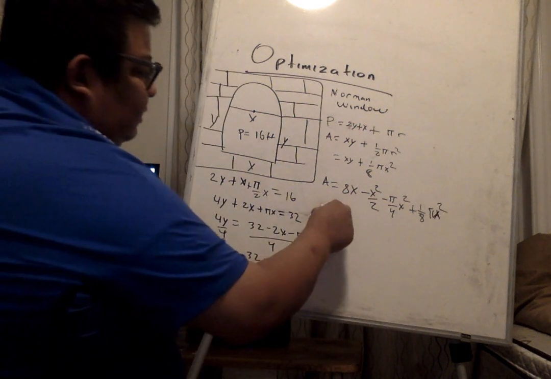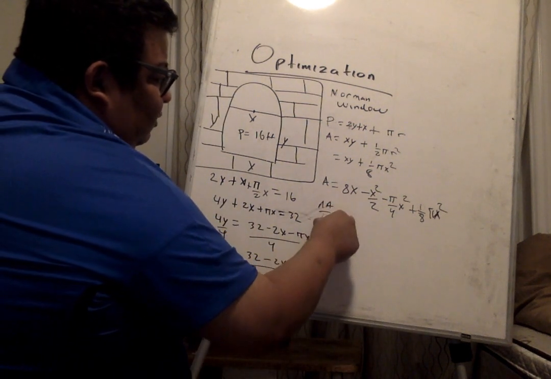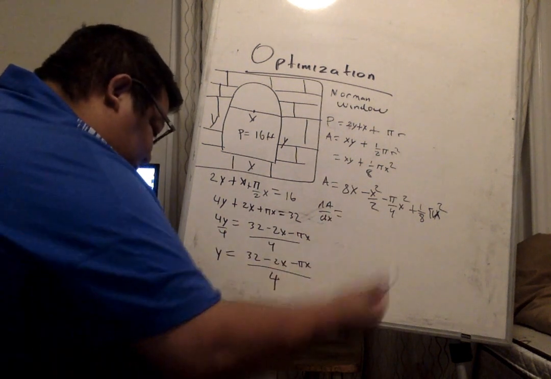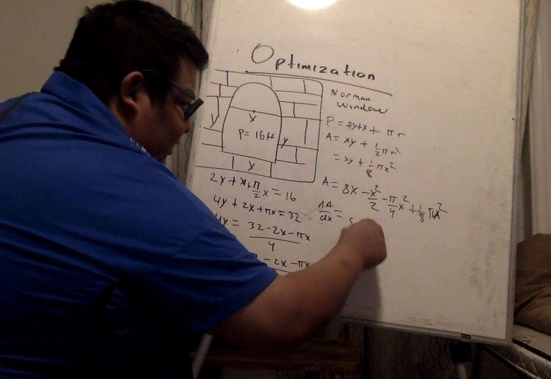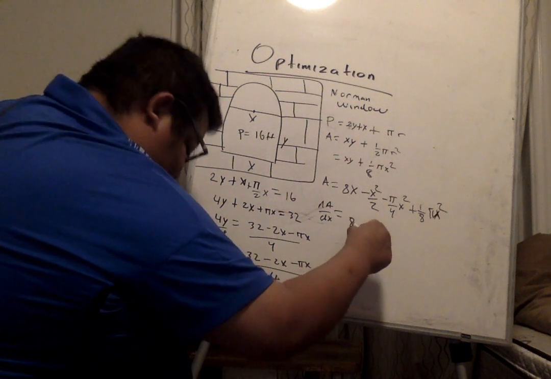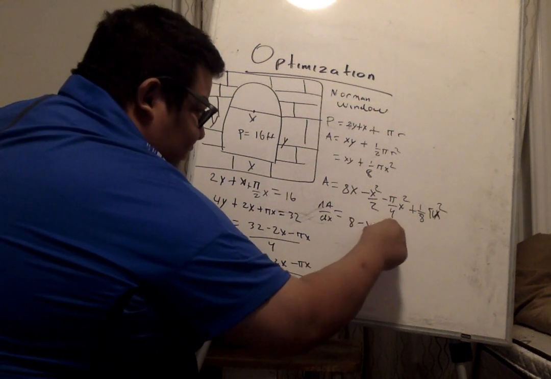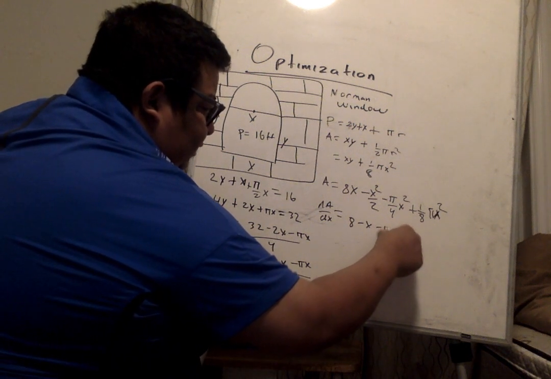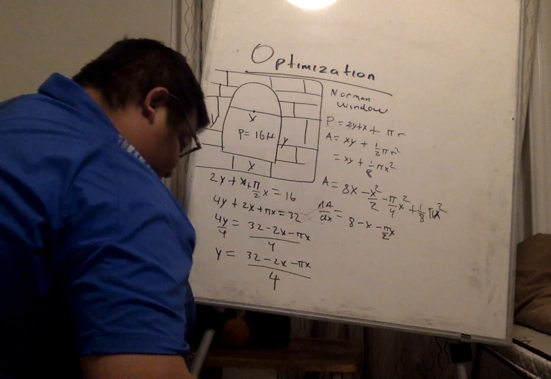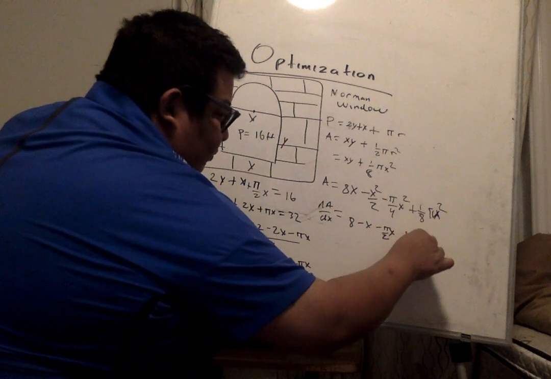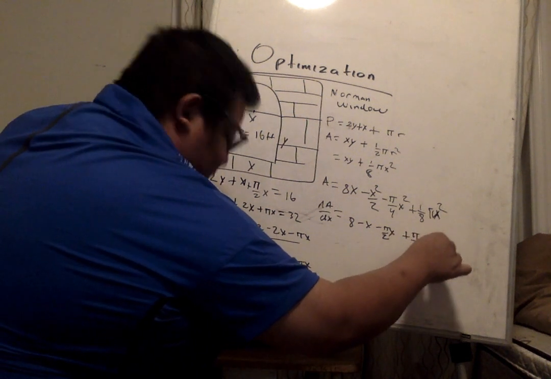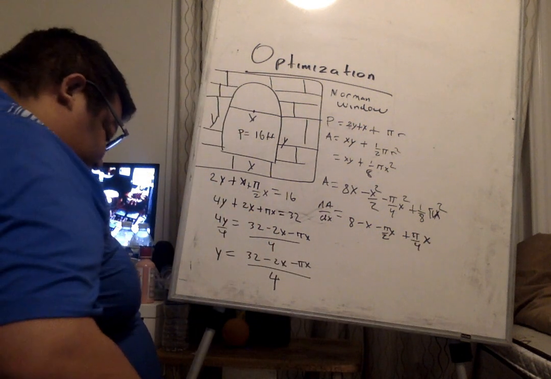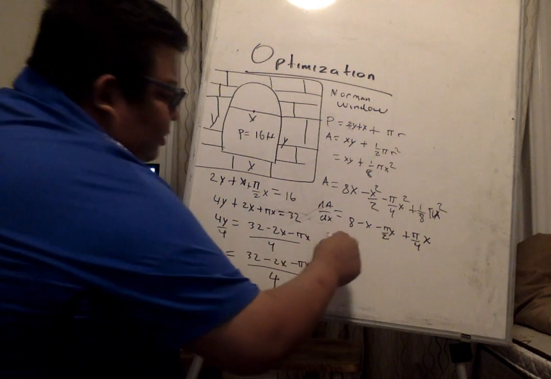Now we take dA/dx. When you take the derivative, you're gonna get 8 minus x minus pi over 2 x plus pi over 4 x.